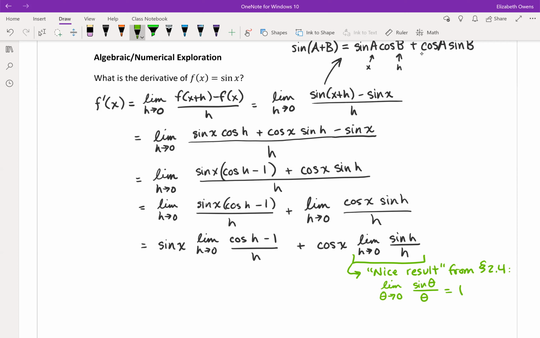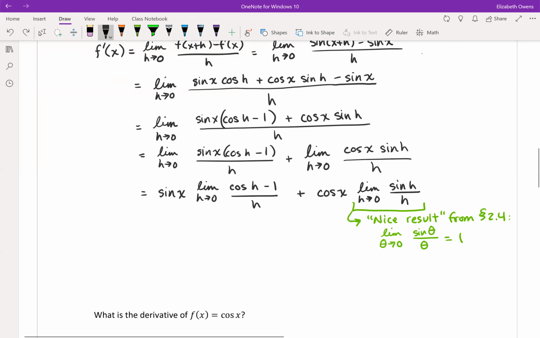That was our nice result, that as an angle gets really small, the value of the sine of that angle is basically equal to the angle itself, or their ratio is 1. And so that nice result applies here. It doesn't matter that we said h now instead of theta. It's h approaching 0 of sine h over h.